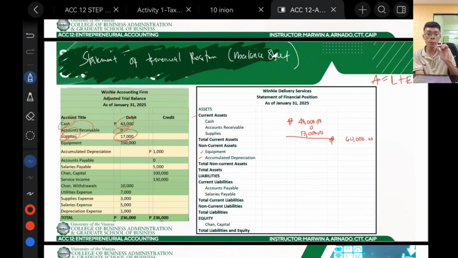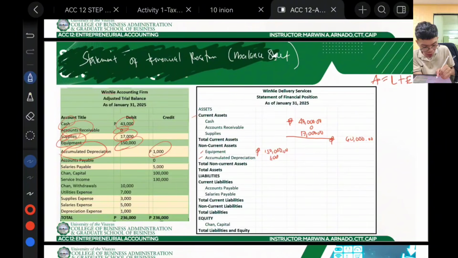Since accumulated depreciation is a contra asset, it should be written below the asset that it depreciates. In this case, we have equipment. How much is the equipment? That is 150,000. And then accumulated depreciation, that is 1,000.